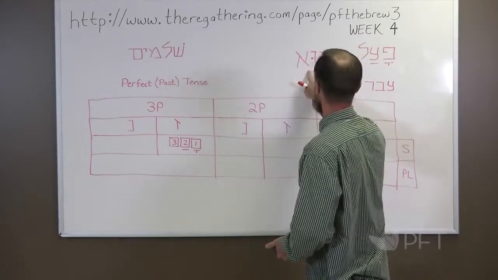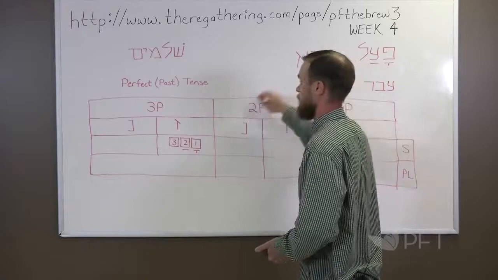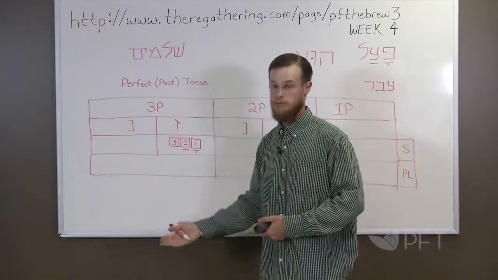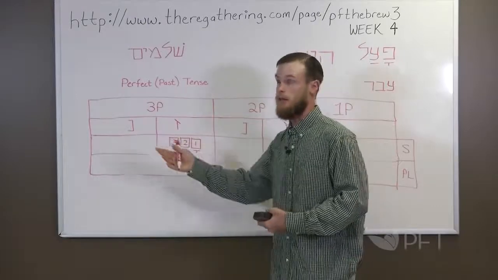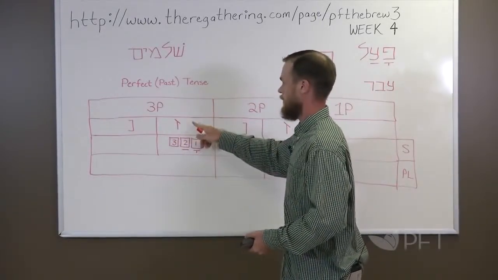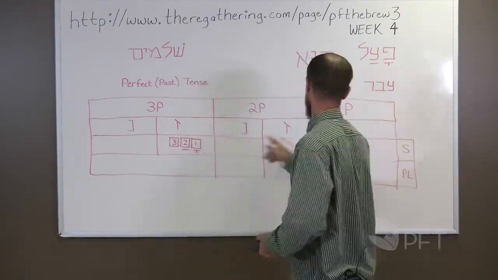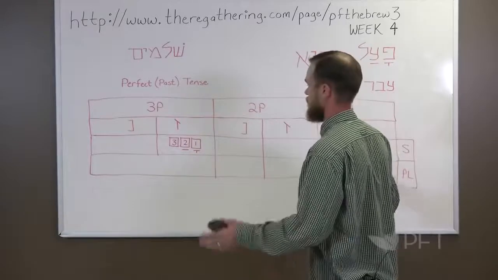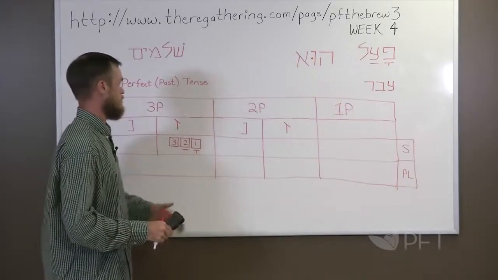Okay, first off, it's masculine. He is masculine, and he is third person. It's somebody we're talking about. It's not ourselves, and it's not the one we're talking to, but it's someone we're talking about, he. Okay, so we've got third person, masculine, and he is singular. Not they, but he, so singular.